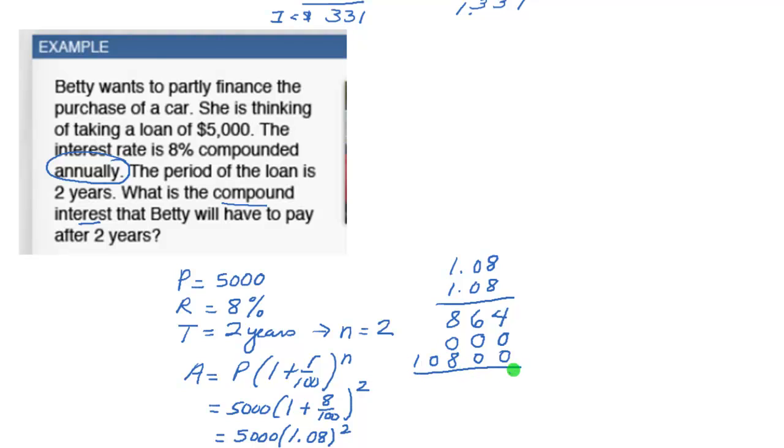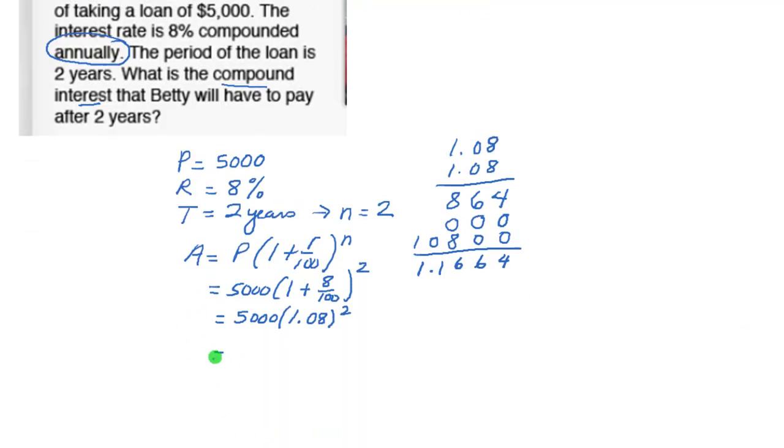Okay, so we are going to do all this, and hope that I don't make a math error. Let's see, 1, 2, 3, 4. So I got 1.1664. That's this number squared. And we need to multiply that answer by 5,000. So let's put 5,000 over here. That's 1, 2, 3 zeros for this. Then 5 times 4 is 20.